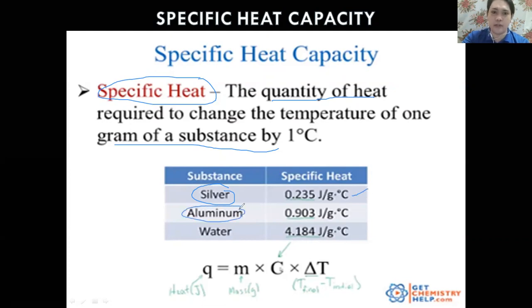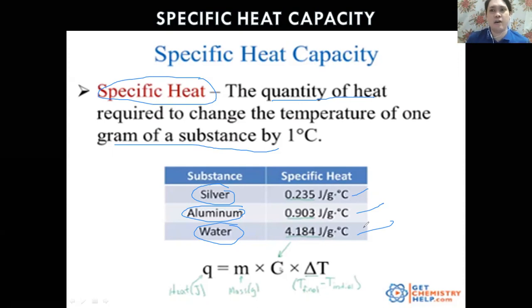For aluminum, you have 0.903 joule per gram times degree Celsius. And of course, for water, very common, the specific heat is 4.184 joule per gram times degree Celsius.